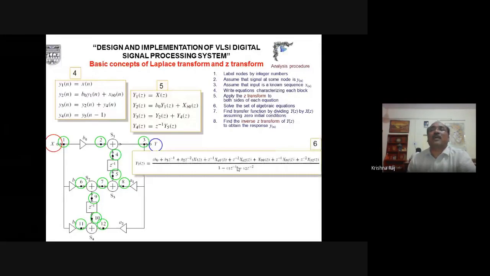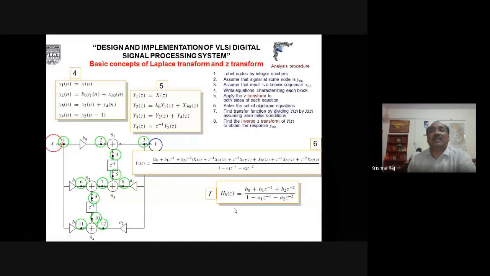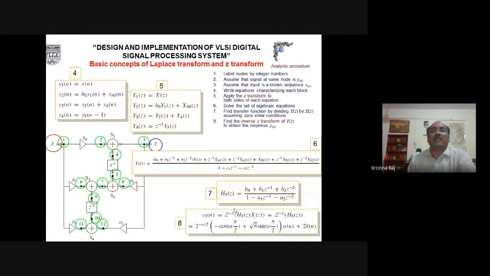Then solve the set of algebraic equations and find the transfer function by dividing Y(z) by X(z), and hence we get the value of S3(z). Now we can get y3(n) by applying the inverse z transform to this function.